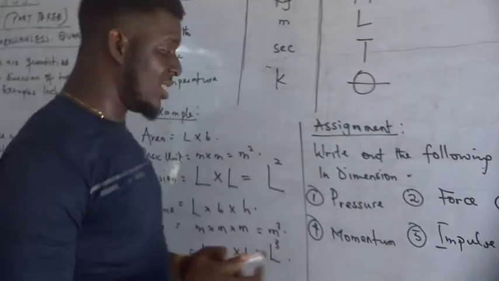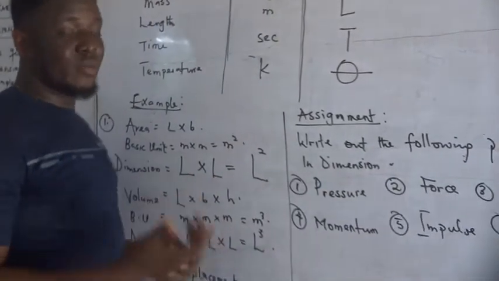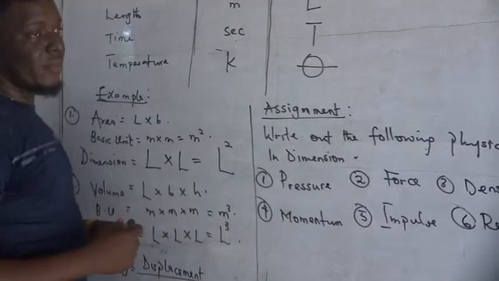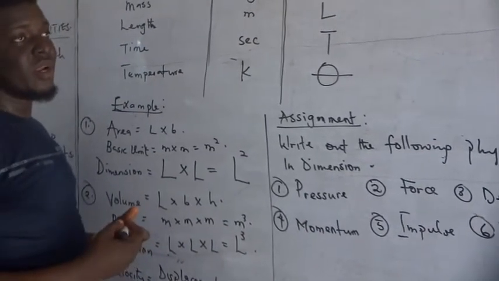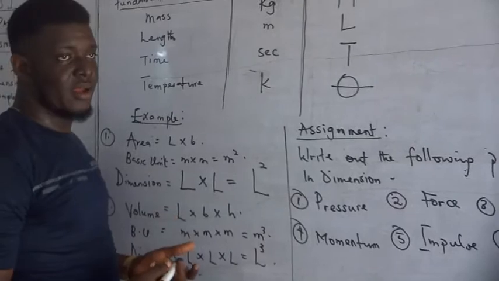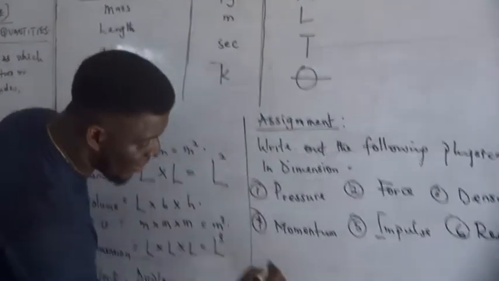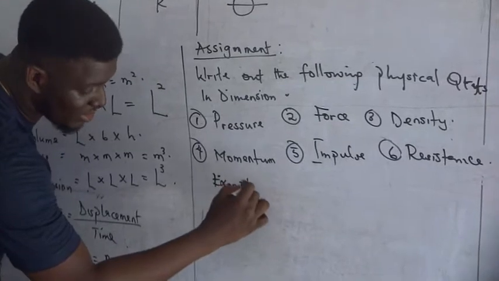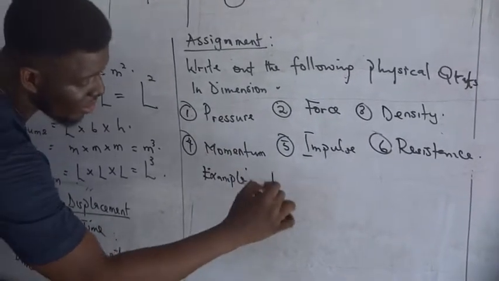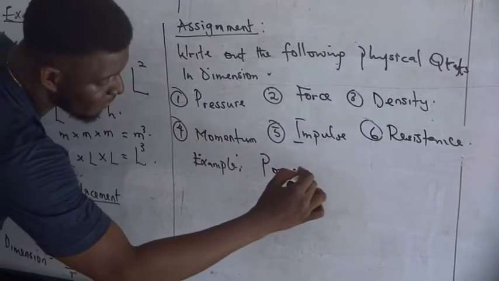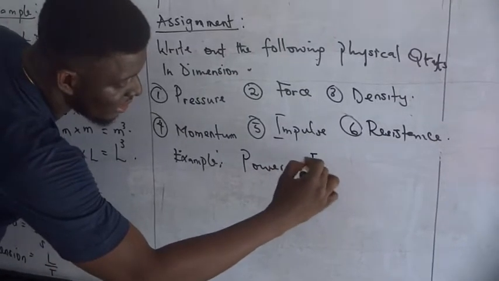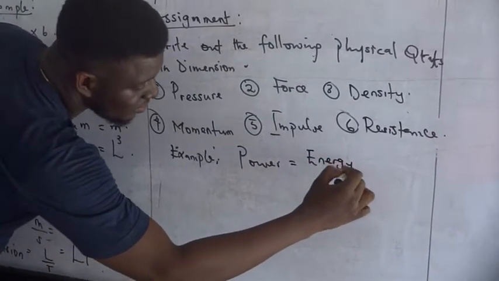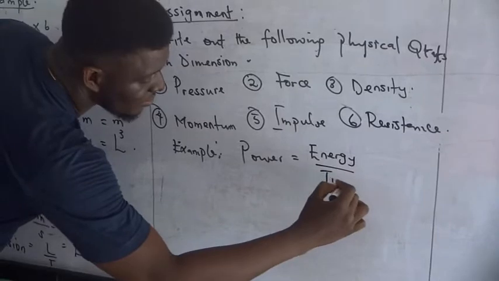Let me give you a hint of what I'm expecting from you. Let us take a particular example like power. So that you should know what I'm actually expecting from you. Your power is equal to what? Energy over time.